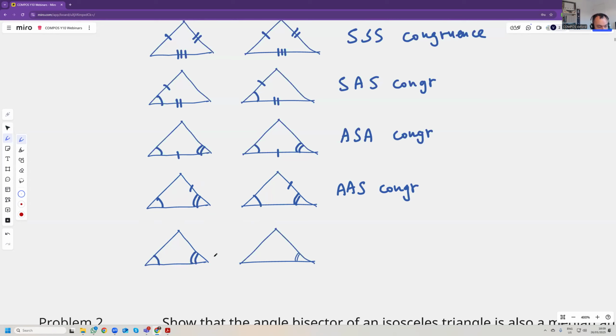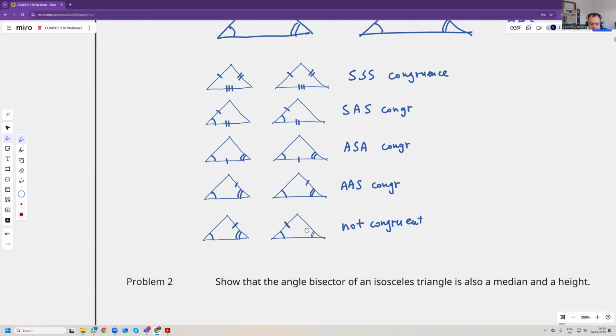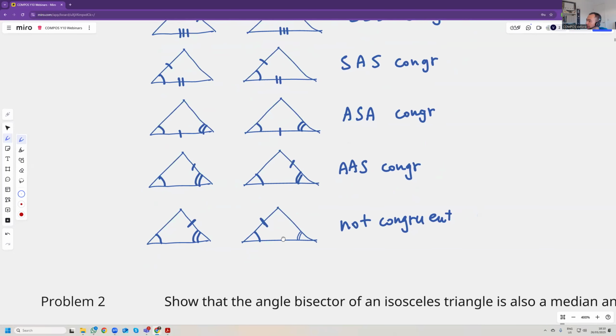If you have angle, angle, but let's say this side is equal to this side, that's not congruent, or not necessarily congruent. They can be, but not necessarily. I hope that makes sense, because here we have angle, angle, side, but not in the same order. All right. Good.